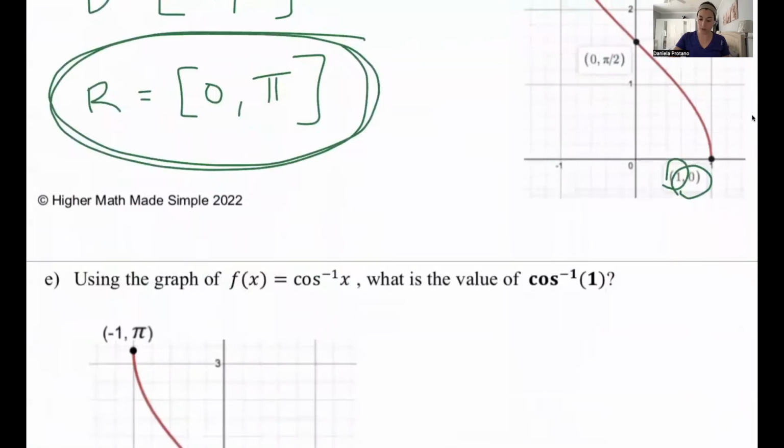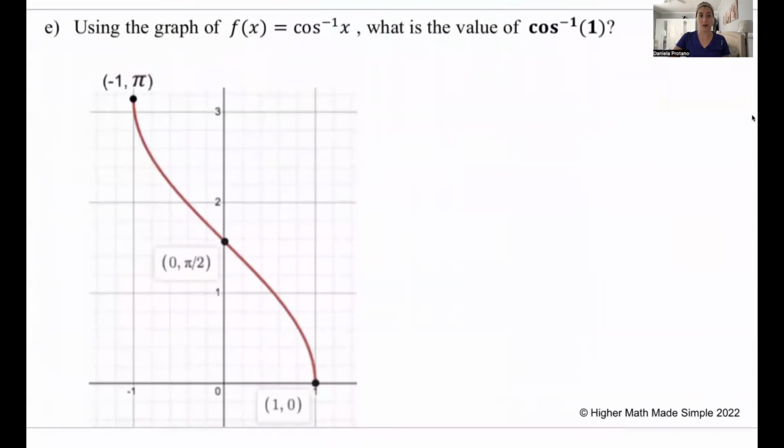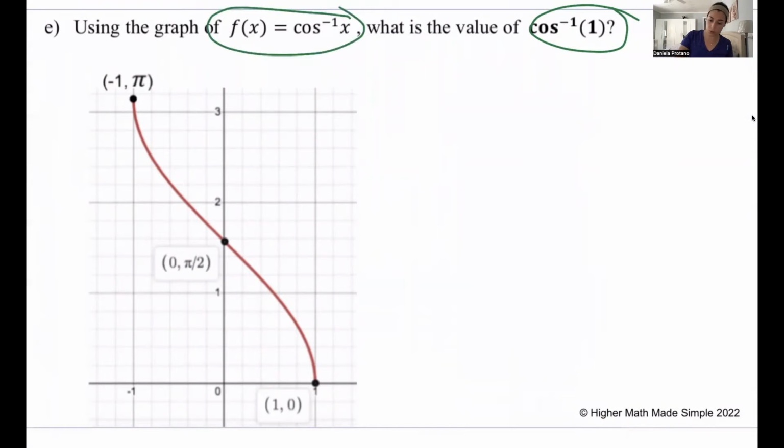So let's take a look on the unit circle. Actually, I take that back. Before we do that, what if you were asked to find inverse cosine of 1 or arc cosine of 1? So again, if the function f of x is inverse cosine, we want to find f of 1, right? So if we plug in the number 1 for the x value, we're trying to find f of 1.